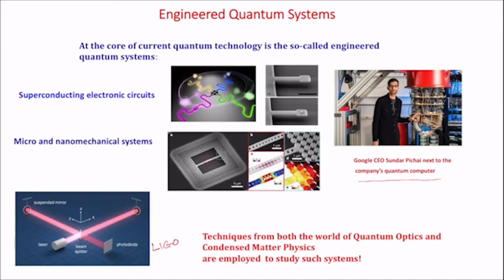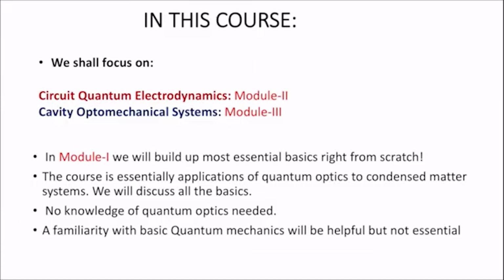To understand these systems, one needs to know the tools of both quantum optics and condensed matter physics. And this is the major goal of this course, to familiarize you with the essential tools.